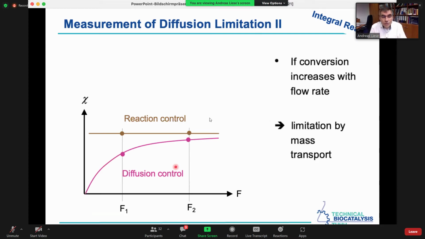We see an increase in conversion because of diffusion control. So diffusion limitation is given if conversion increases with flow rate, limitation by mass transport. That is the result of what we just discussed.